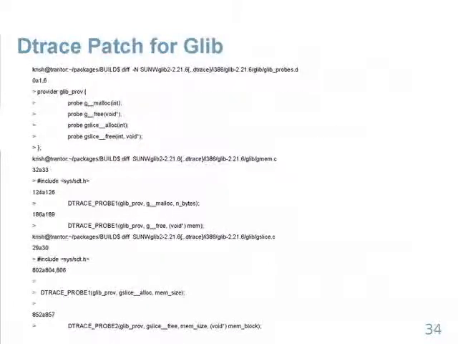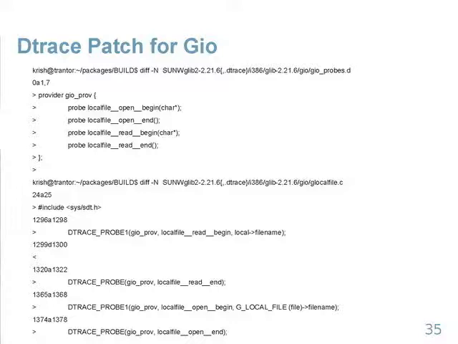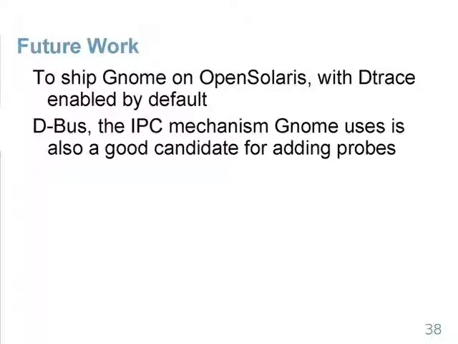So these are the code changes I've made. They're not very big. I guess the slides will be available on the site. What I aim to do after this is get more probes into GNOME and probably ship the OpenSolaris GNOME desktop with DTrace probes enabled by default, like Firefox does.